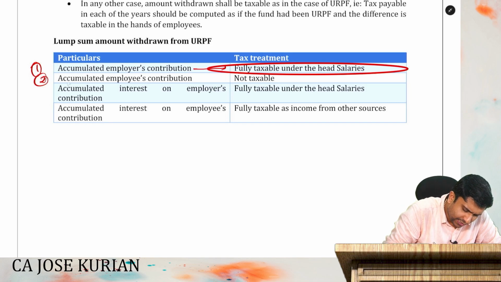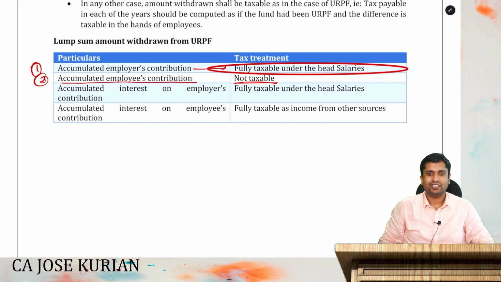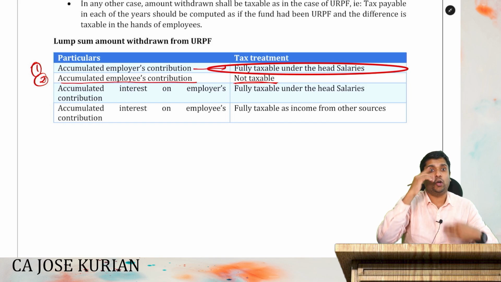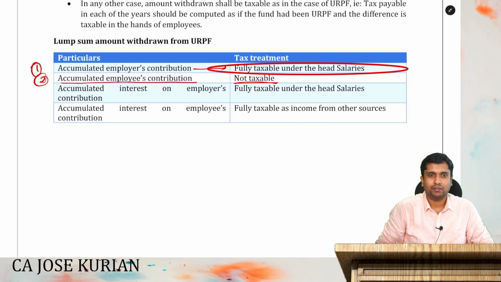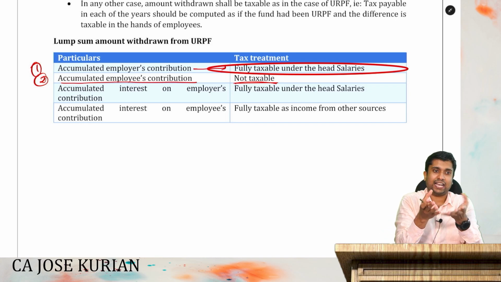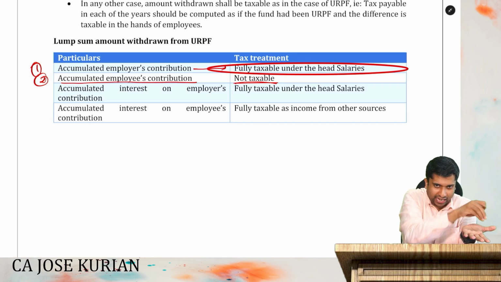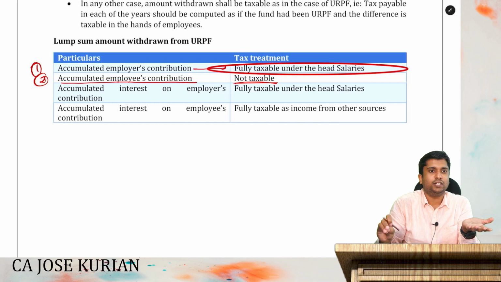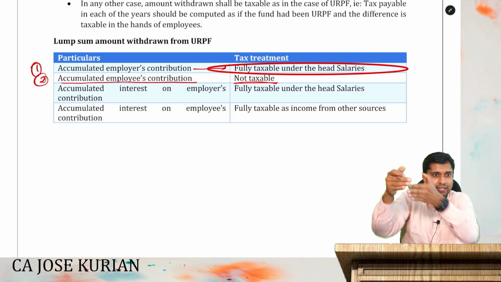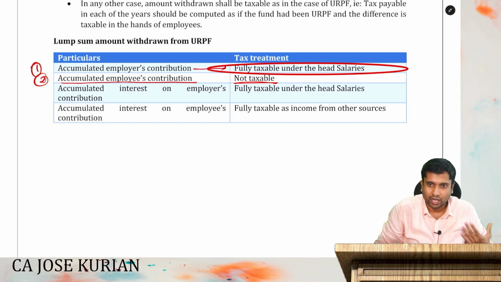Number 2, accumulated employee contribution is not taxable. Reason: already that is taxable as your salary. Out of that amount only you contributed to the unrecognized provident fund. It is just like getting back the money. Are you all with me?